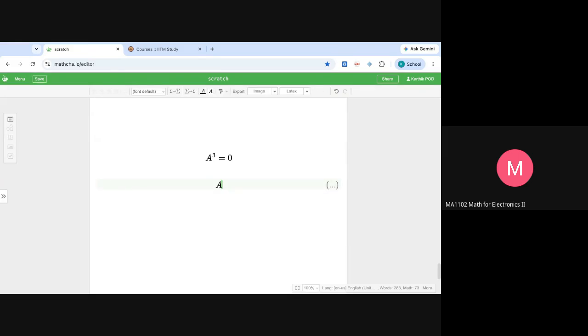One thing we could do is factor A cube minus lambda I. For example, we can factor this like a cube minus b cube, so this is A squared plus lambda squared I plus lambda A, right? But how did you factorize this?